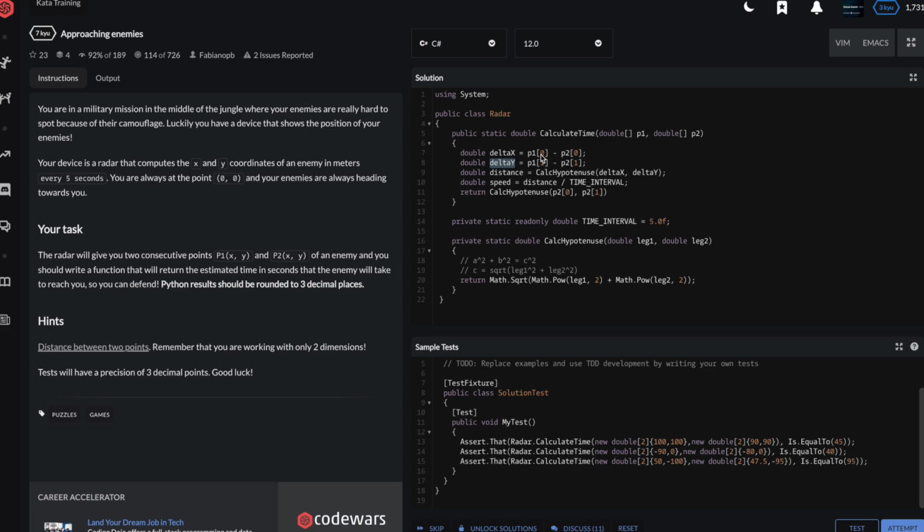So it would be, we could say P2 0 minus 0, right? And P2 1, the y value minus 0, because the origin is at 0, 0, right? But hopefully you see that subtracting 0 isn't going to change the value. So that's why I didn't have to do any kind of delta thing here. And then again, divided by the speed would give us the amount of time, right?